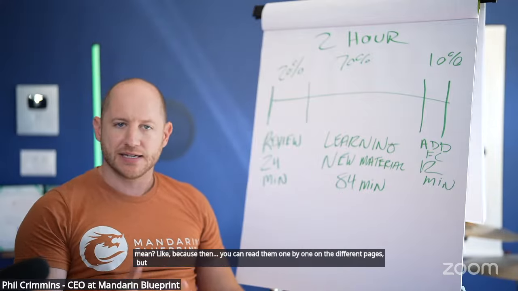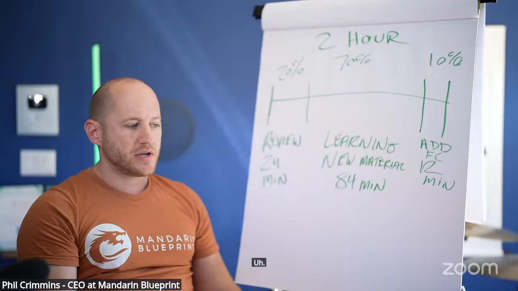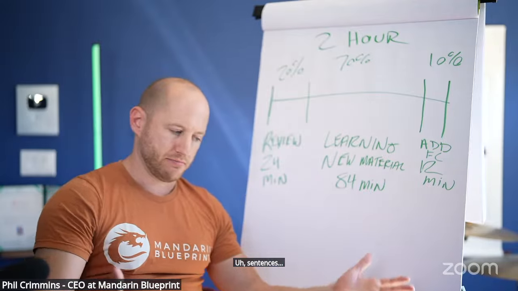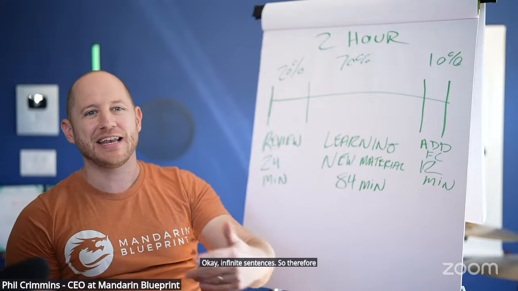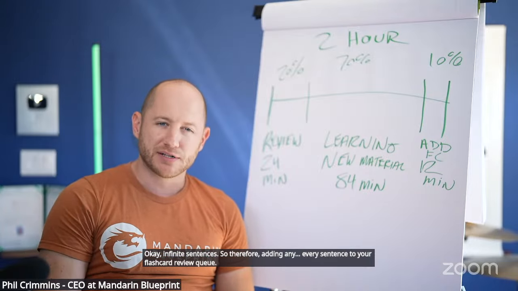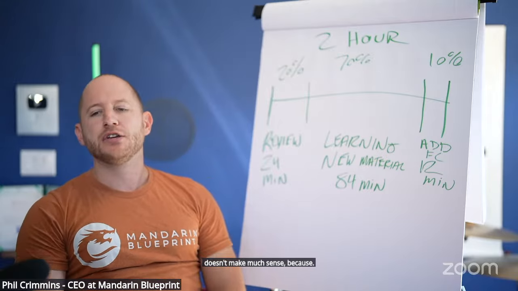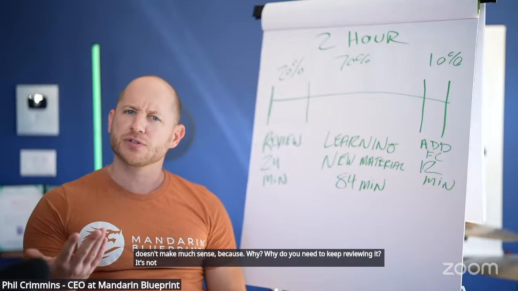But I get the idea that if it's in a spreadsheet, then it's all there. Sentences are infinite. So adding every sentence to your flashcard review queue doesn't make much sense. Why do you need to keep reviewing it? It's not like it's an essential sentence.